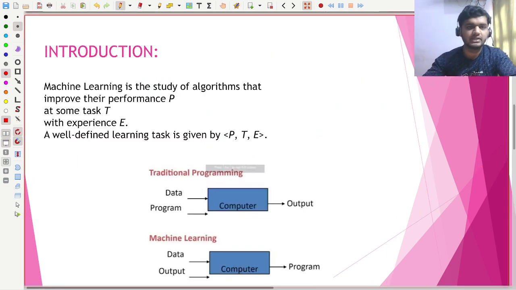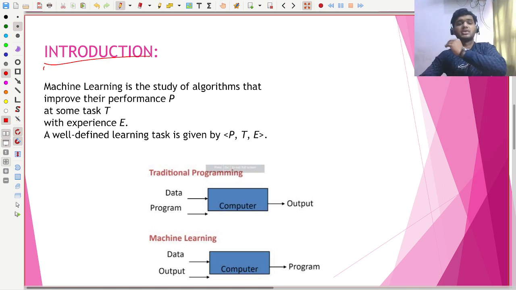We'll go to the next slide. First, what is machine learning? This is the introduction to machine learning. Machine learning is the study of algorithms that improve their performance at some tasks with experience.